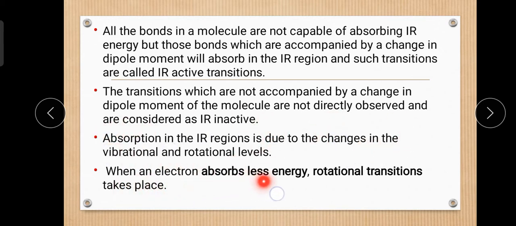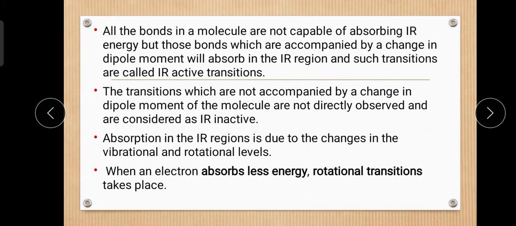When an electron absorbs less energy, a rotational transition takes place. That means if the molecule absorbs less energy, then a rotational transition takes place. We know that the rotational energy levels are equispaced and present very close to each other.